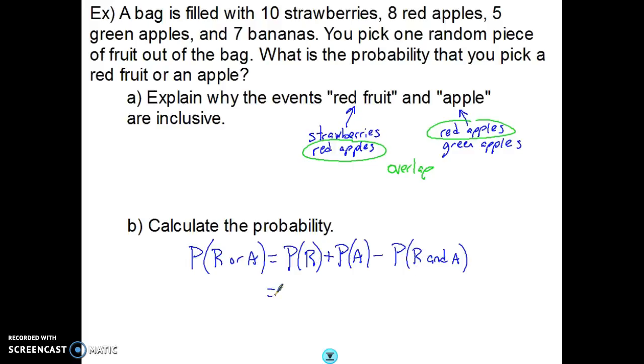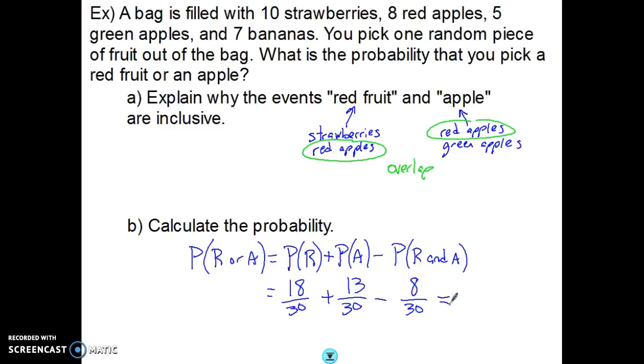Well, the probability we get a red fruit, let's see, there's 10 plus 8 is 18, plus 5 is 23, plus 7 is 30 total fruit, and there are 10 plus 8 is 18 red fruit, so 18 out of 30. Plus for apple, there are 8 plus 5, that's 13 apples out of 30 total fruit, minus, the only thing that's red and an apple are the red apples, so minus 8 out of 30.